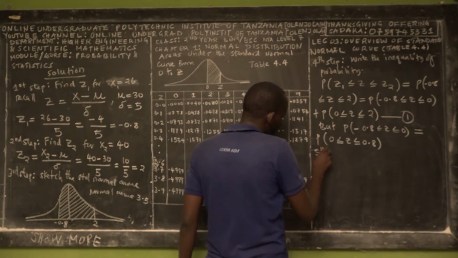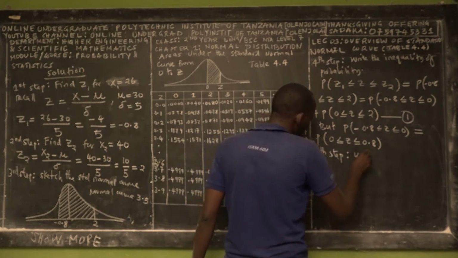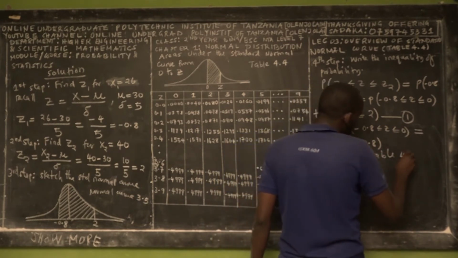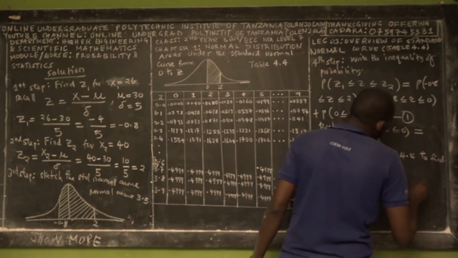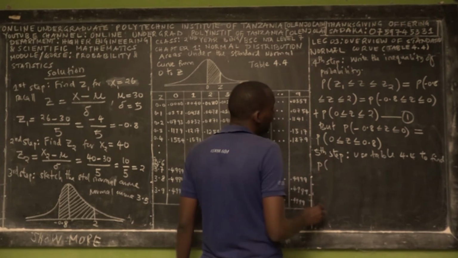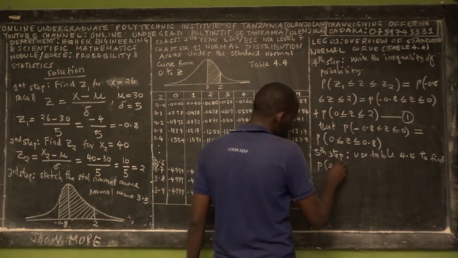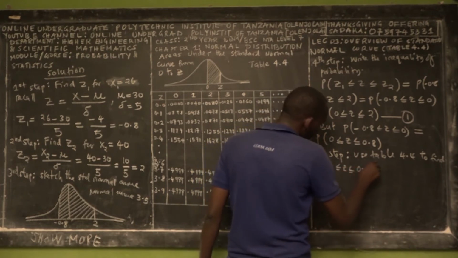So we have to go to the next step. We say that we use table 4.4 to find the probability of 0 less than or equal to Z less than or equal to 0.8.